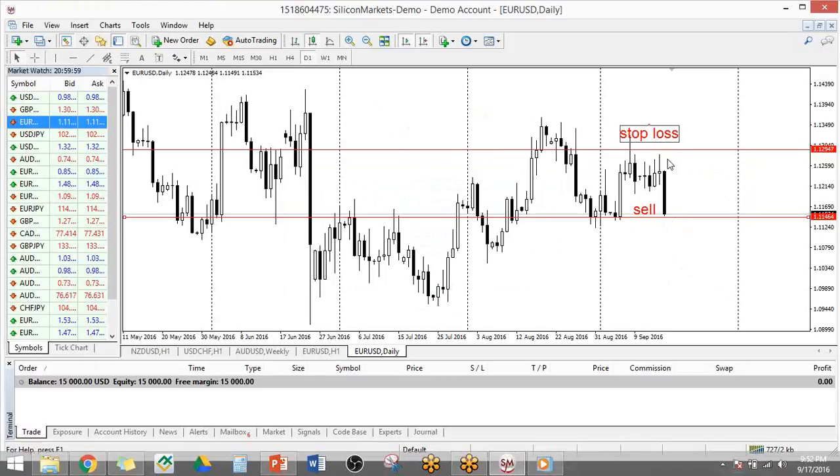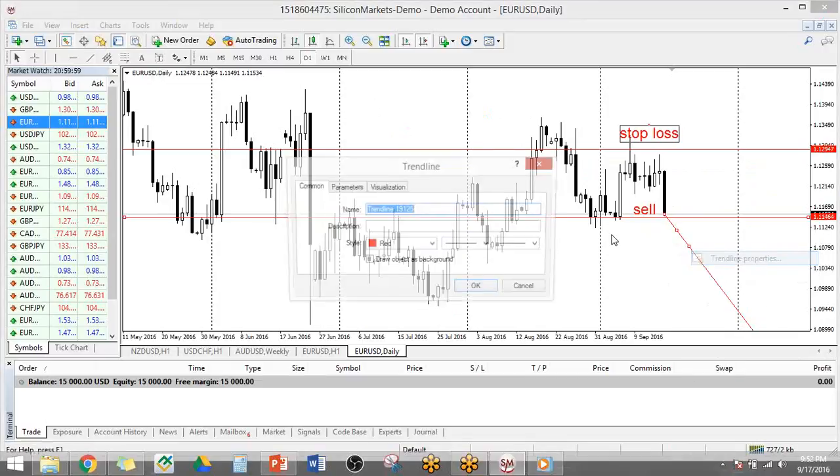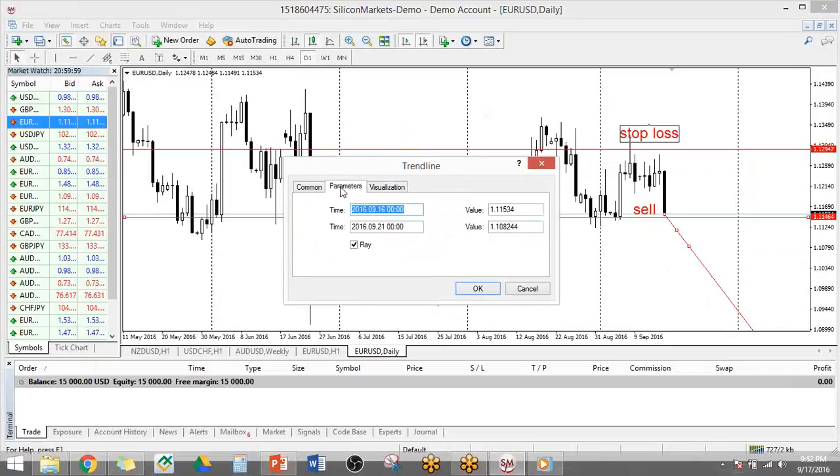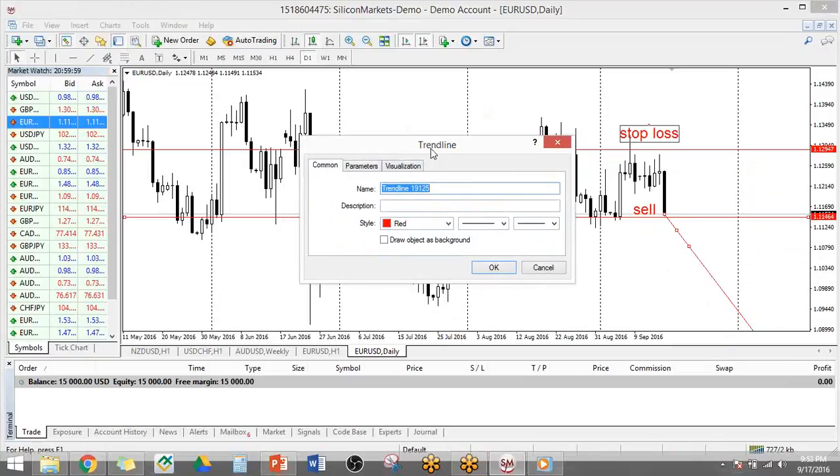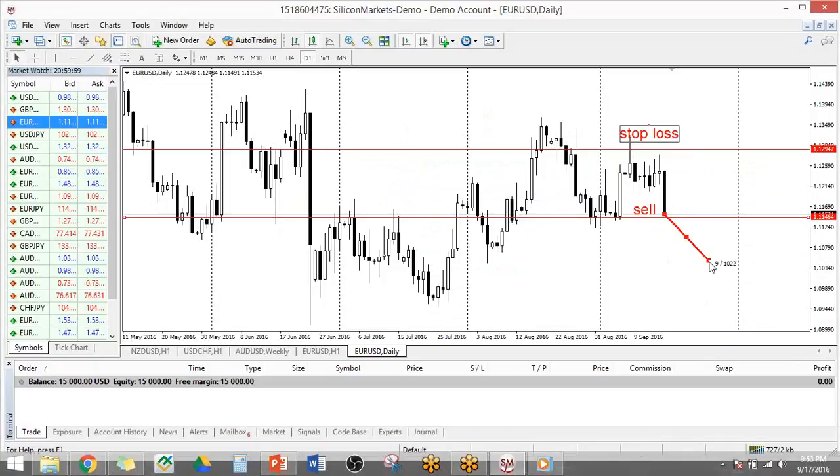Now, let's say that after a while, the market moved downwards in our favor. So it moves down here, and right now the current price is over here.